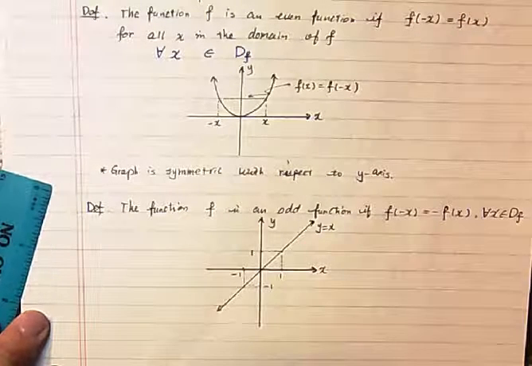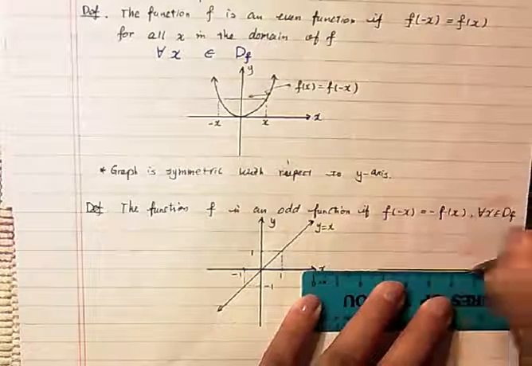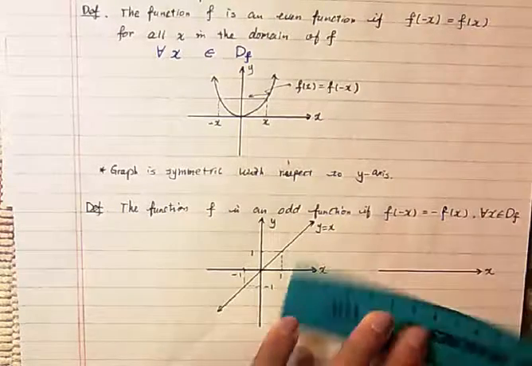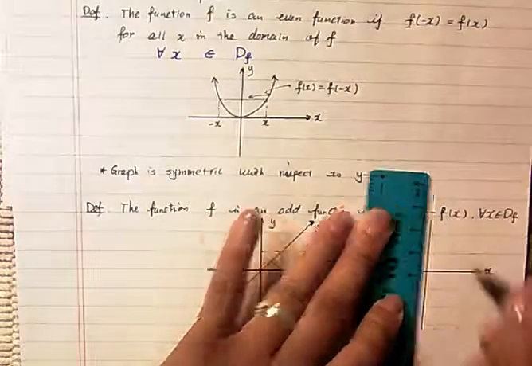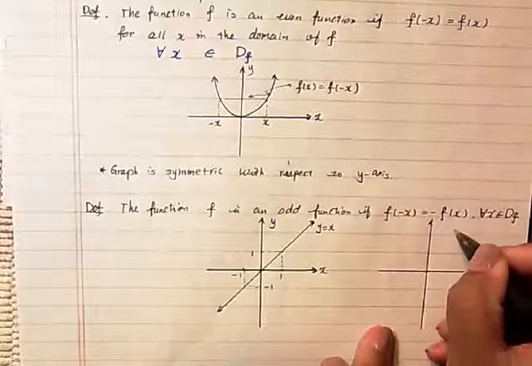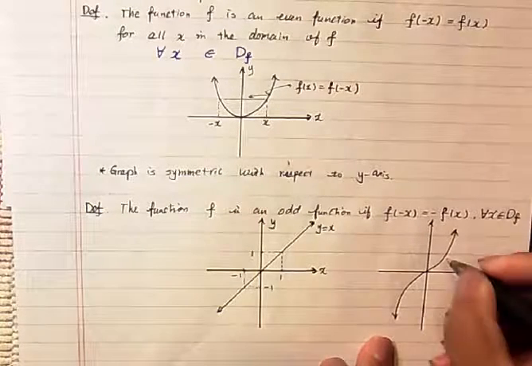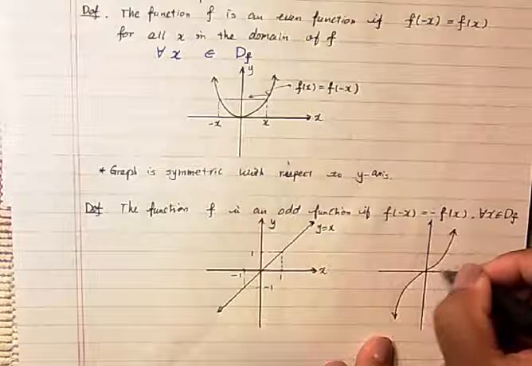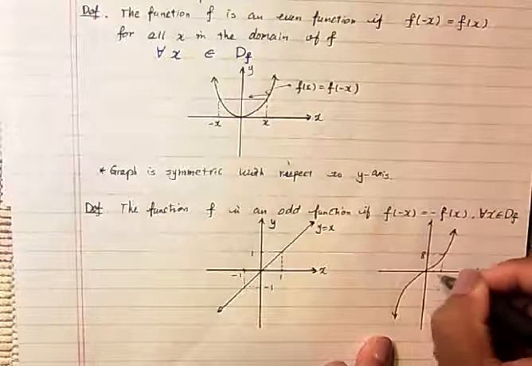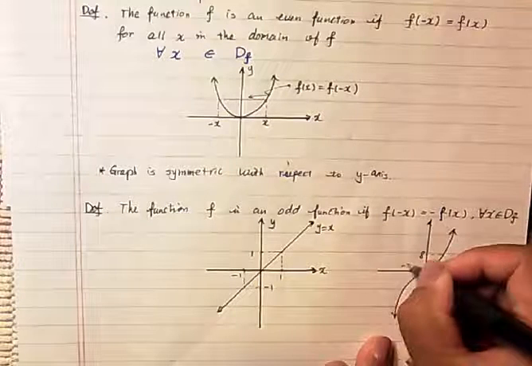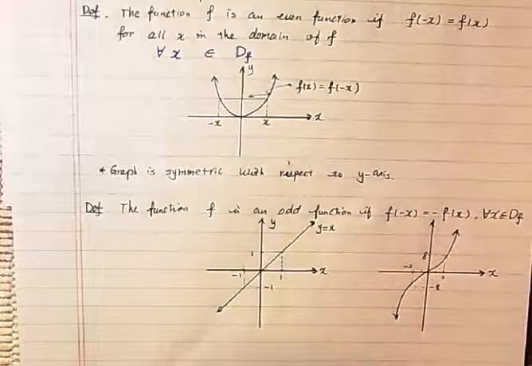Okay, another very commonly seen odd function is the cubic function, y equals x to the third power. So you can see that maybe this is 2. 2 to the third power is 8, and you can examine that when x equals negative 2, the corresponding output is negative 8. So there's an opposite here.